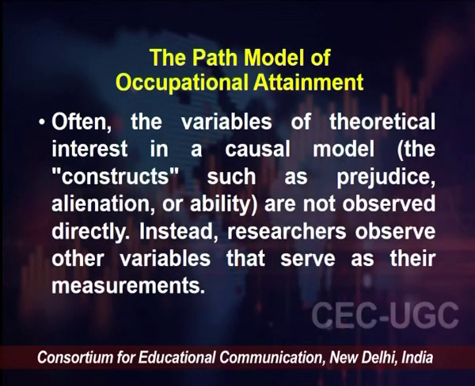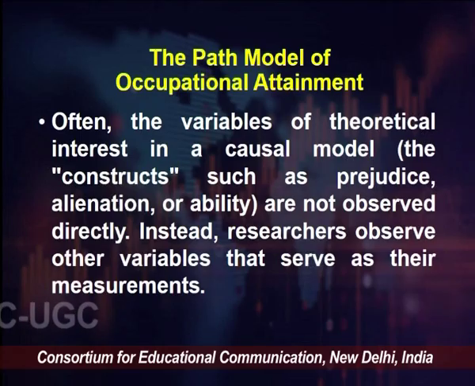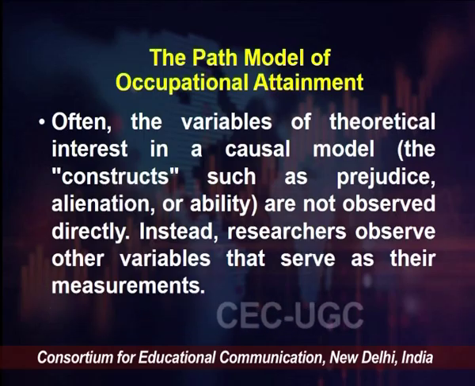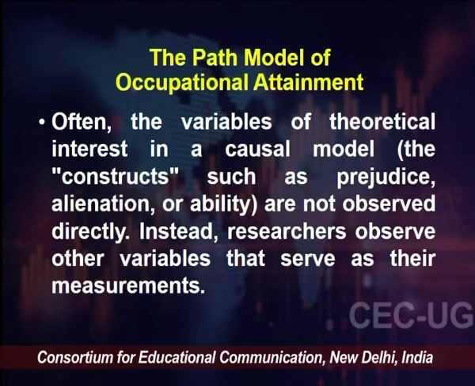Often the variables of theoretical interest in a causal model, the constructs such as prejudice, alienation, or ability, are not observed directly. Instead, researchers observe other variables that serve as their measurement. Now, the next model is the structural equation model.